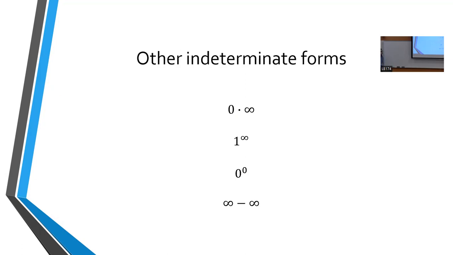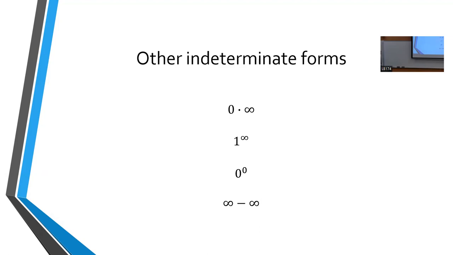Now, those are the two that we're going to deal with most often, the 0 over 0 and the infinity over infinity. But there are other indeterminate forms. 0 times infinity is indeterminate. 1 to the infinite power is indeterminate. If you plug in something and you get 1 to an infinite power, that's indeterminate. 0 to the 0 power, also indeterminate.